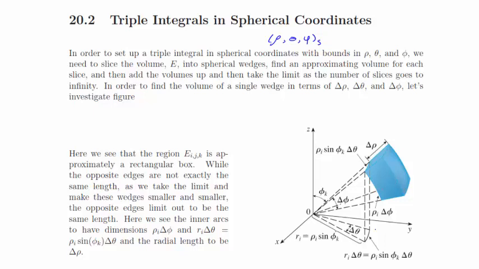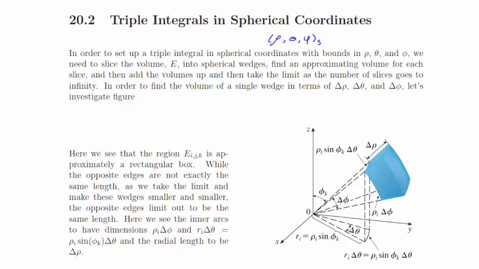That is off the x-axis in the counterclockwise direction if we were looking straight down at the xy plane. My phi value is the angle from the z-axis, off the positive z-axis downwards towards the xy plane in whatever direction the theta value dictates. And then our rho value is the distance from the origin in all three dimensions together.